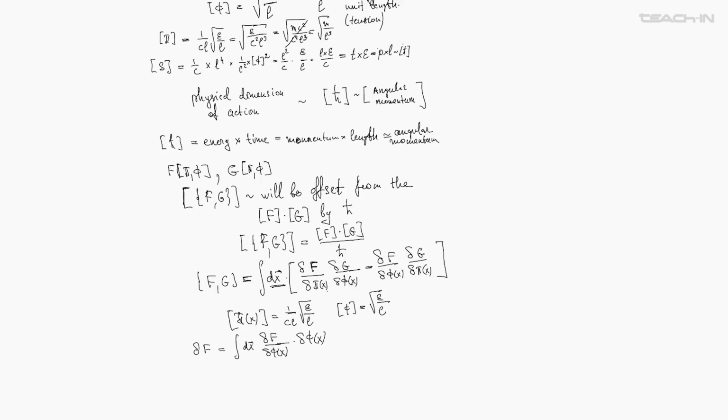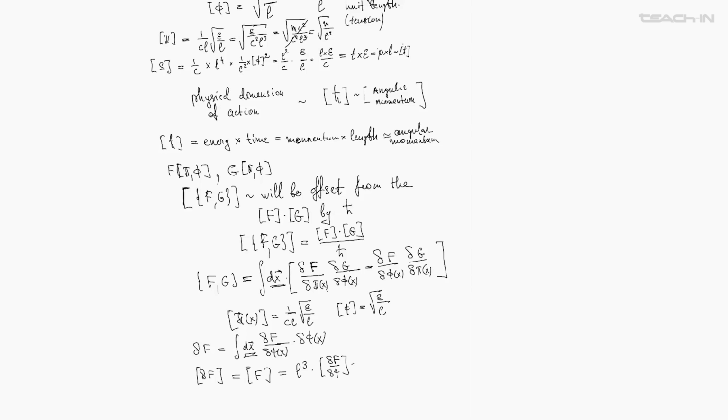And from here, you see that its dimension, which is the same as the dimension of f, of course, is given by L cubed because of this integral, times the dimension of delta f over delta phi, and then the dimension of delta phi, which is the same as the dimension of phi.